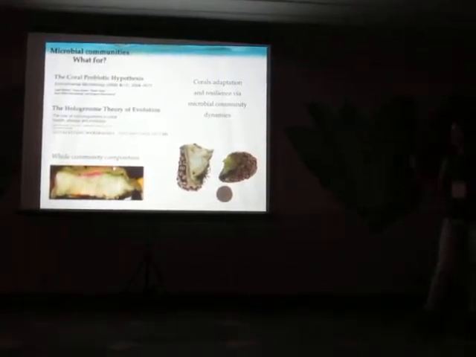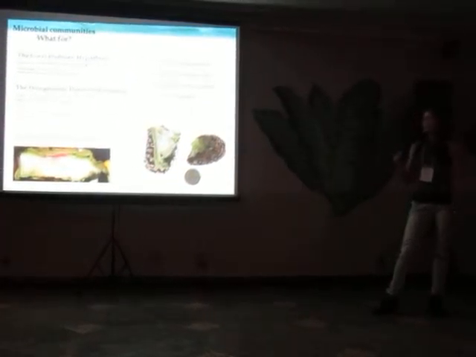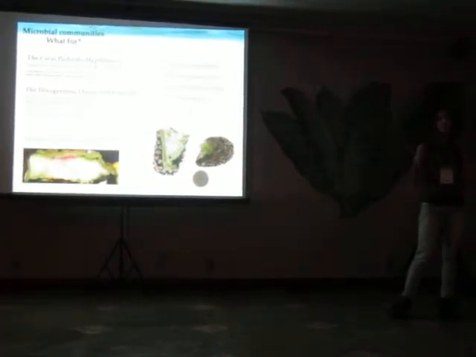The second reason to study these algae is because it adds to our understanding of microbial communities as a whole. It has been suggested that corals can adapt to changing environmental conditions just by changing the composition of their microbiota.